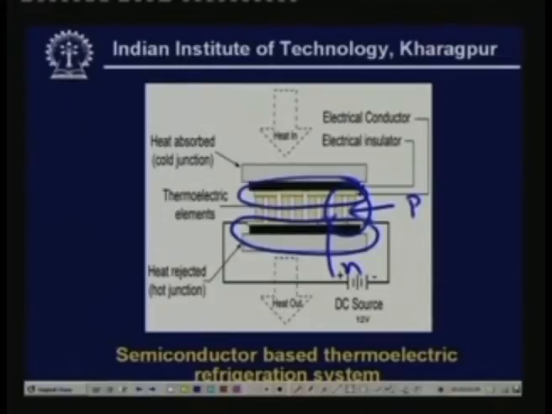By designing them in this manner and stacking them together, you get cooling on one side and heating on the other side. Of course, we have to have some electrical insulators to avoid shorting. Depending upon your requirement, if you reverse the current flow, you can have either cooling or heating on the same side, just by reversing the direction of the flow. So this is the principle of a thermoelectric refrigeration system based on semiconductors.